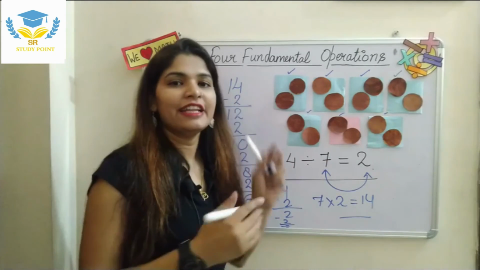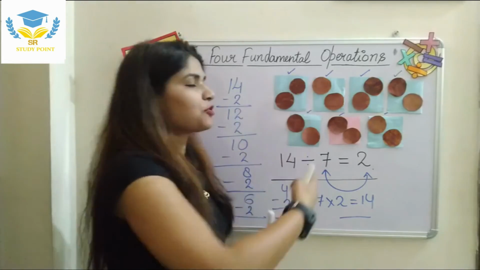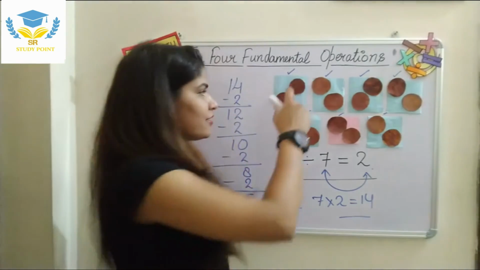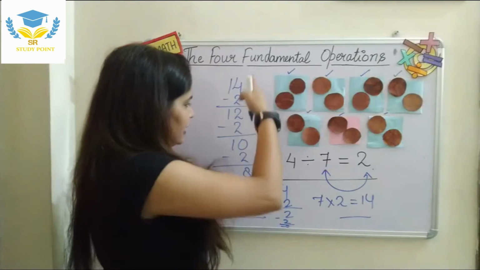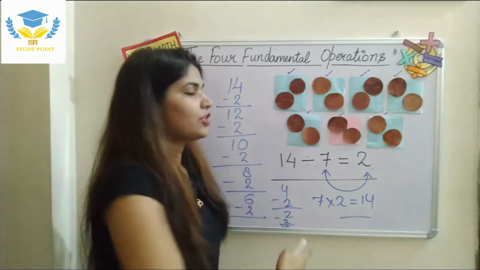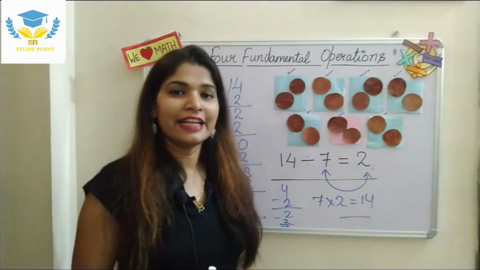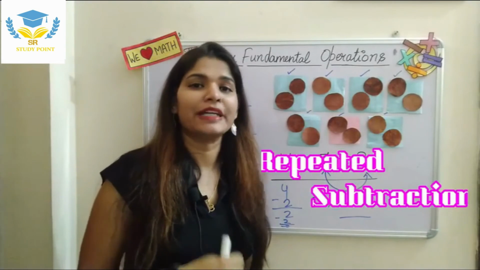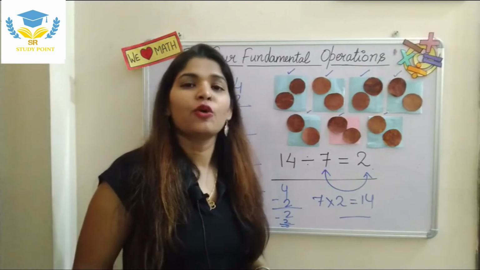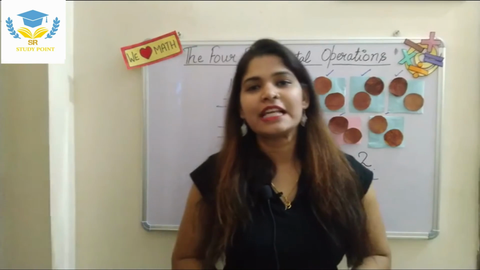That means if I distribute the cookies to the friends one by one, I will get this calculation. So in this way we can relate division with subtraction, as division is known as repeated subtraction.